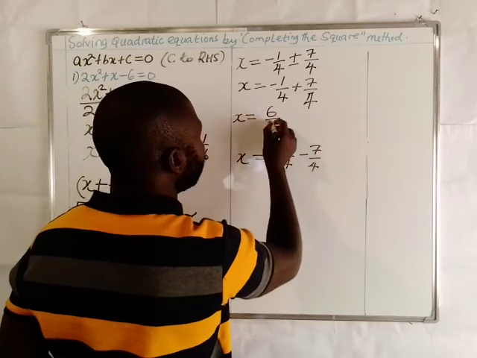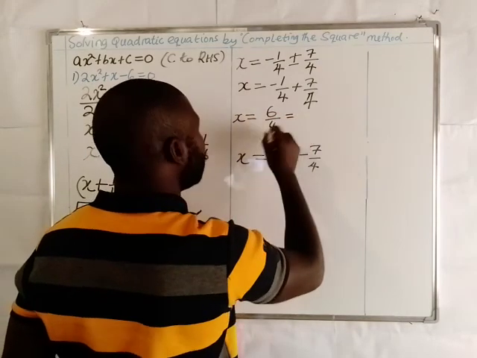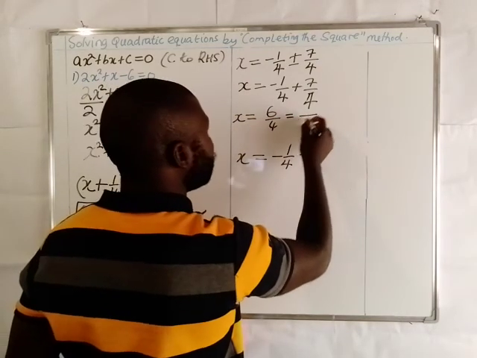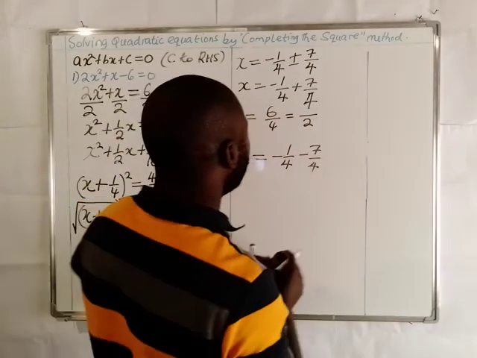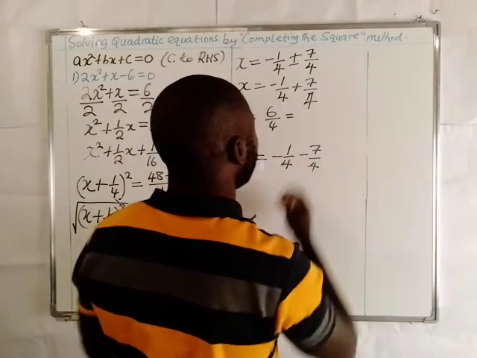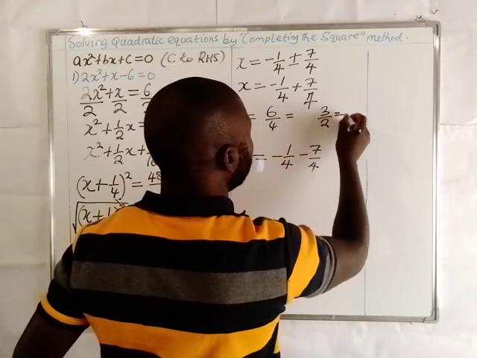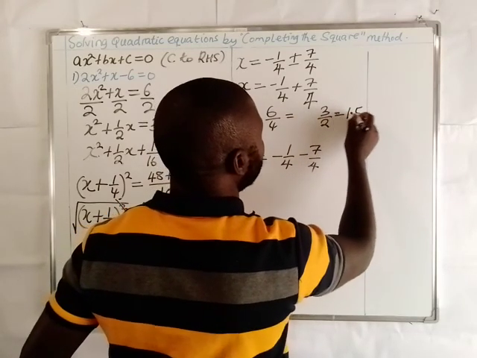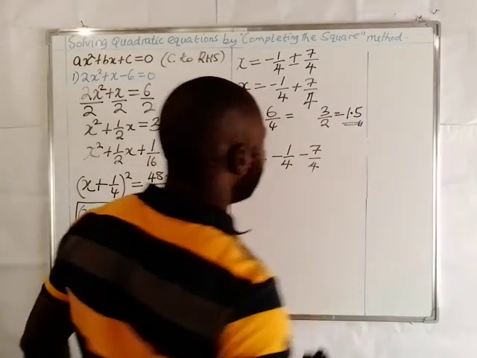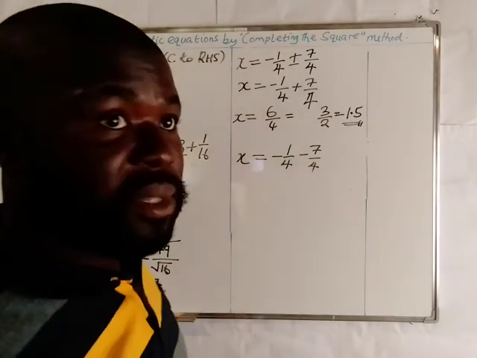So we have 6 over 4, which gives us, 2 into 4 is 2, and 2 into 6 is 3. So we have 3 over 2, which is the same as 1.5, as one of the values of x.